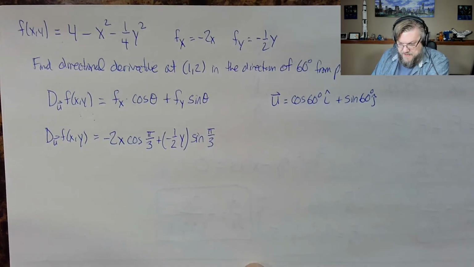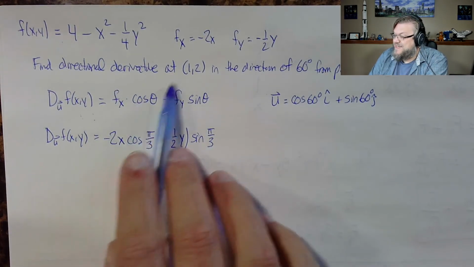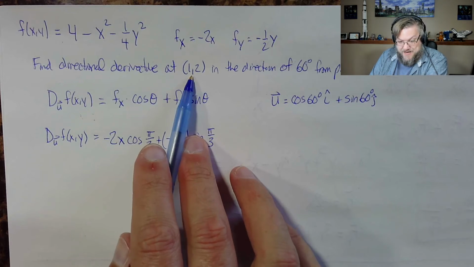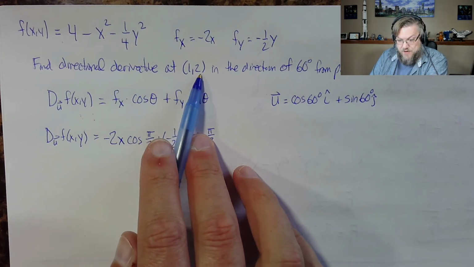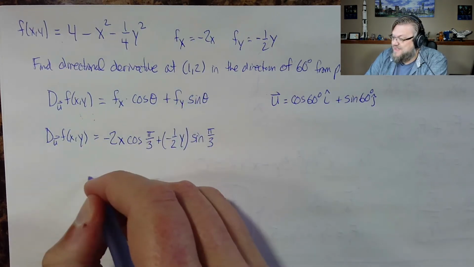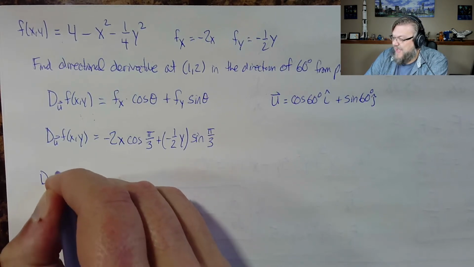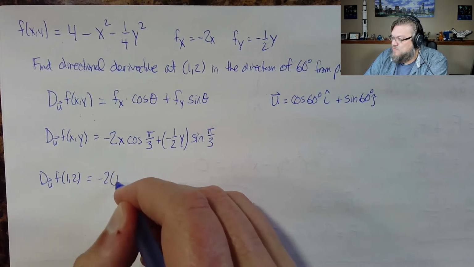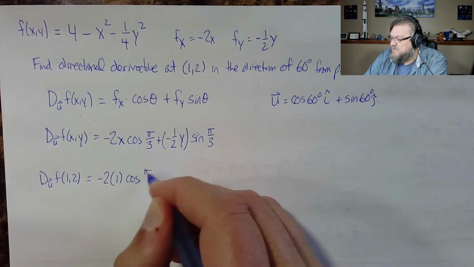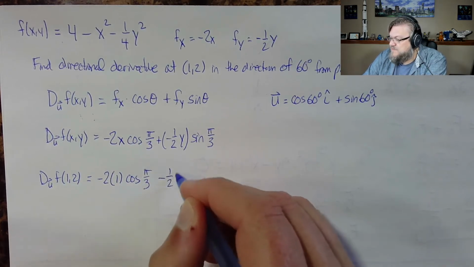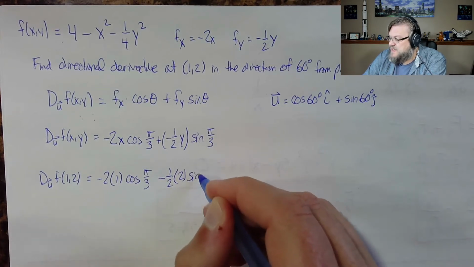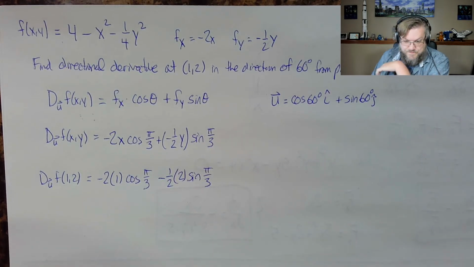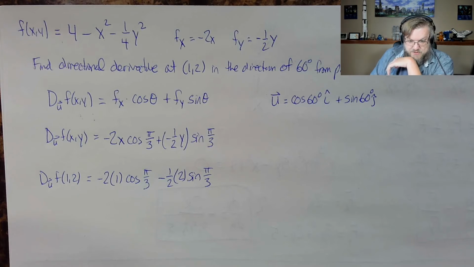Now all I have to do is find the directional derivative at the point that I care about. The x-coordinate is 1. The y-coordinate is 2. So the directional derivative at 1, 2 is going to be negative 2 times 1 times the cosine of pi over 3, minus 1/2 times 2 times the sine of pi over 3. So all we have to do is calculate those, and we are on our way.